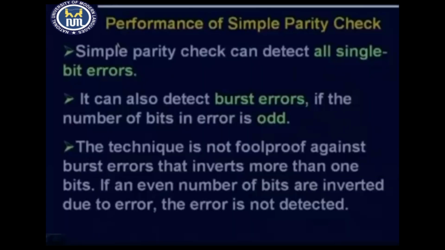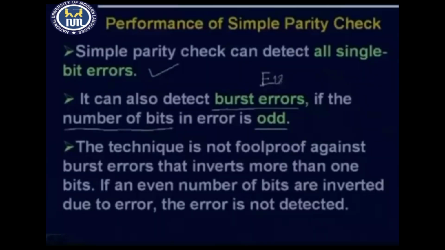So let's check the performance of the simple parity check. All single bit errors are detected. It can detect all single bit errors, and it can also detect burst errors, but only if the number of bits in the error is odd.